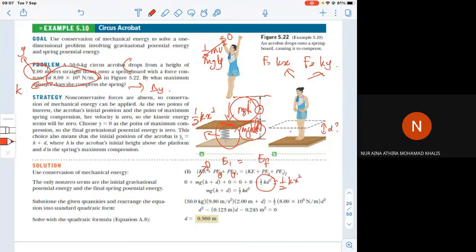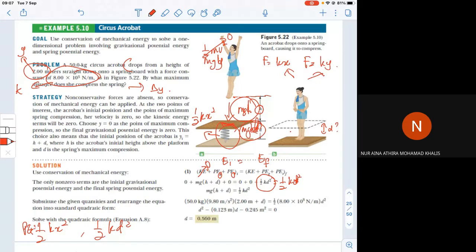In this point, they write it down as half kd squared. Don't get it wrong. Instead of half kx squared for PE spring, you can also write it as half kd squared, just to make sure that you know that d is just the elongation.